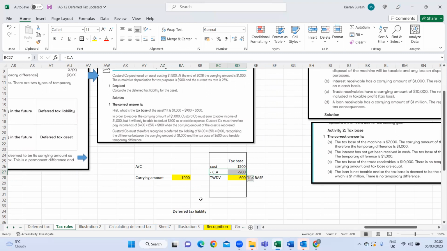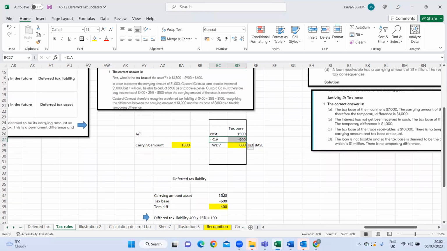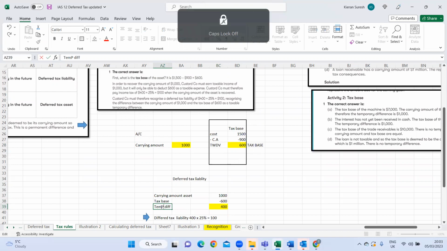So the temporary difference for me here is the carrying value, which was 1,000, minus the tax base, which is 600. The temporary difference is 400.